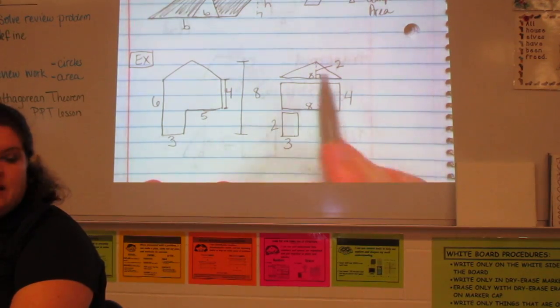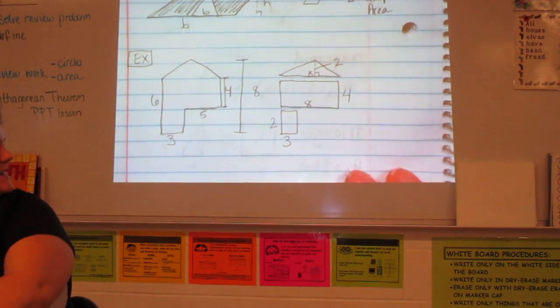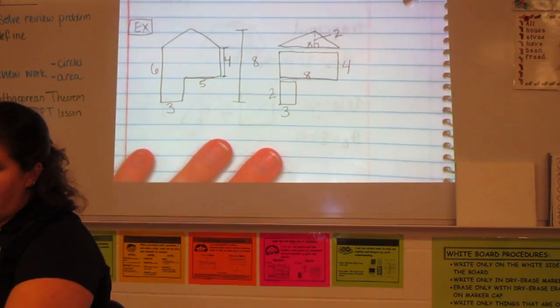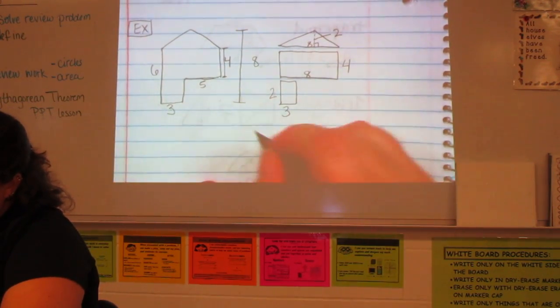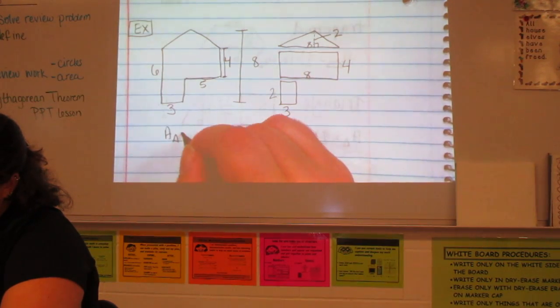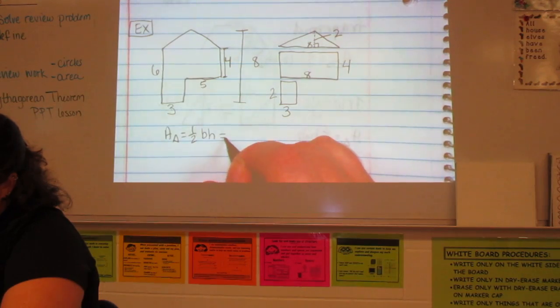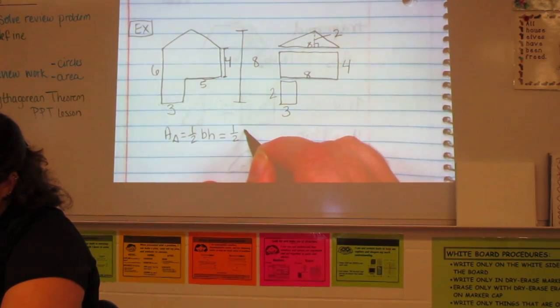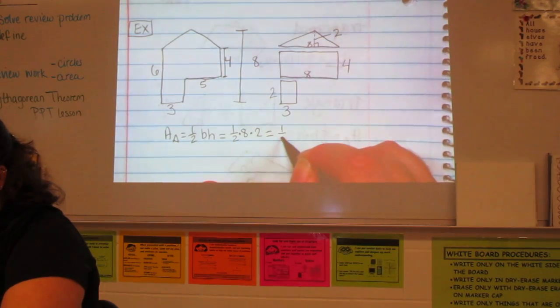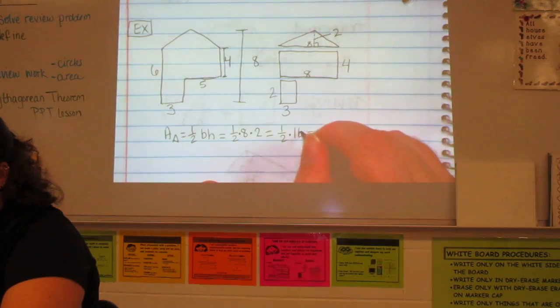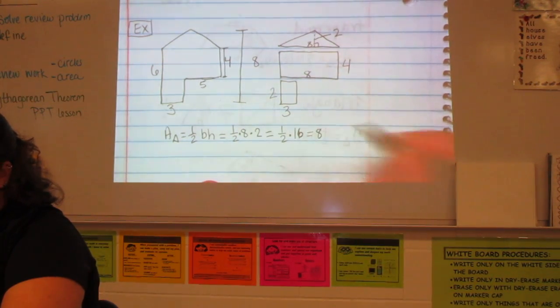Now I'm going to find the area of all 3 of my pieces and add them together for the composite area. Well, for my triangle, the area is half the base times the height. Here, that's half, the base is 8, and the height is 2. Well, 8 times 2 is 16, and half of 16 is 8.